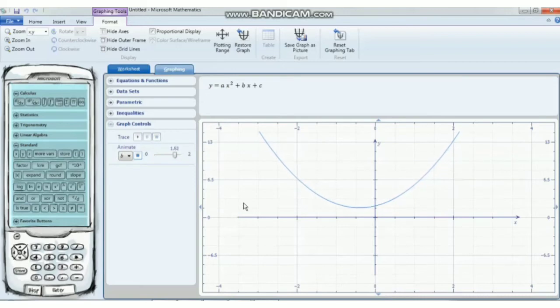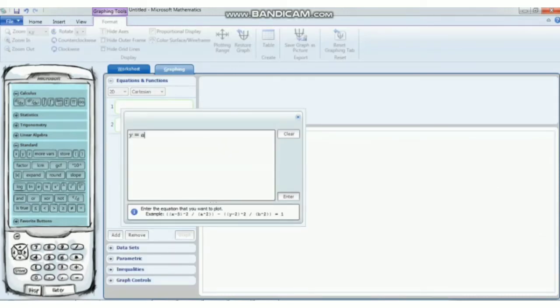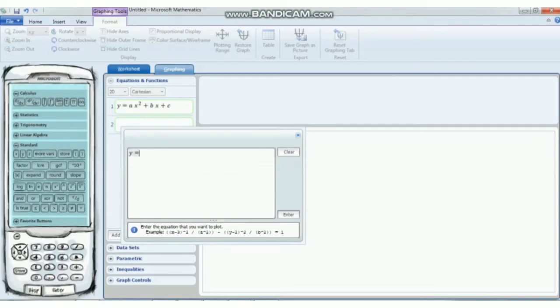And next is form transformation. Y equal to ax squared plus bx plus c. The second quadratic equation is y equal to minus ax squared minus bx minus c.